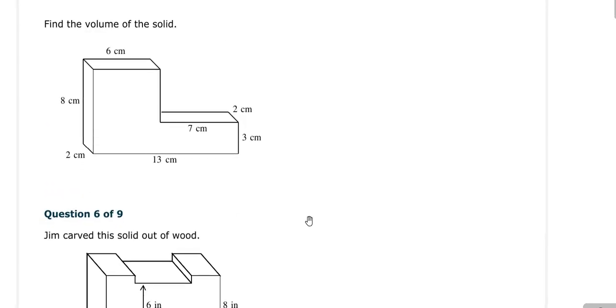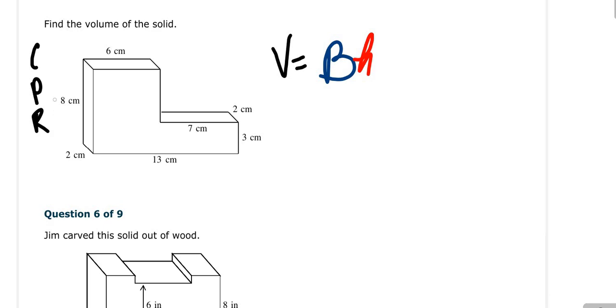Number 7, we're going to find the volume of this solid. Now this solid is just simply base times height. Volume equals. Now the bases, there's 2 of them. Remember, they're C, P, R. They're congruent, they're parallel, they're connected by rectangles. In this case, the most common mistake is students assume that this and this are the base.